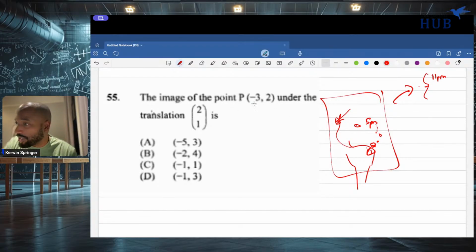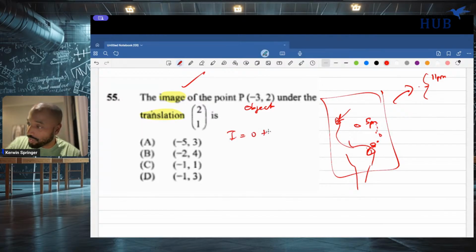The image of the point P under the translation (2, 1). You have to be careful with this one. When you see this question again tomorrow, be careful. Make sure you understand what the image is, what the translation is, and what they want. They want the image of the point. This is the object, this is the translation. The image is the object plus the translation.